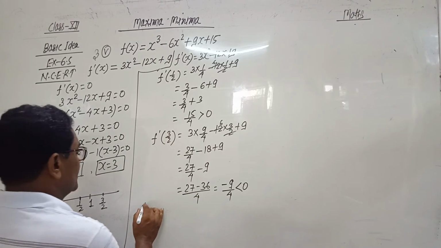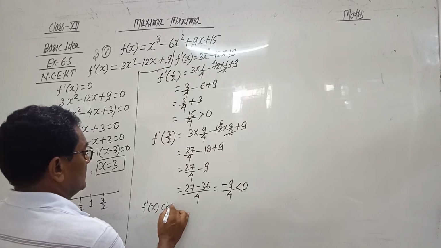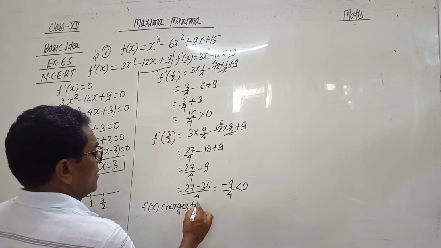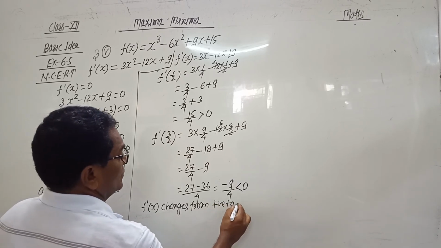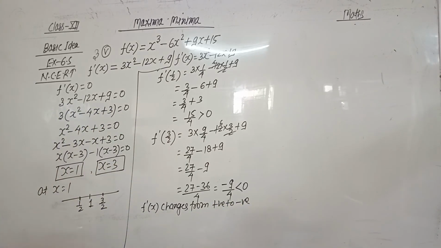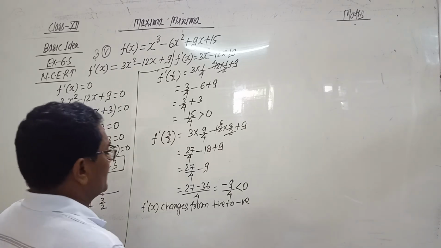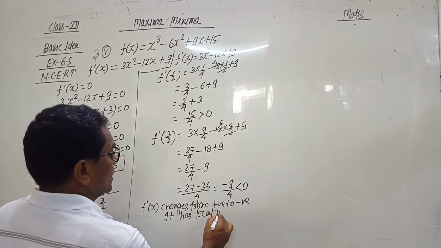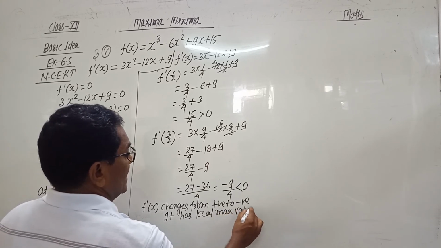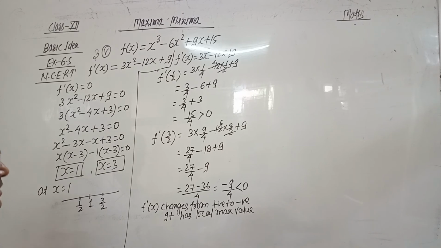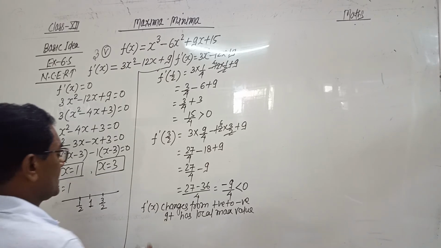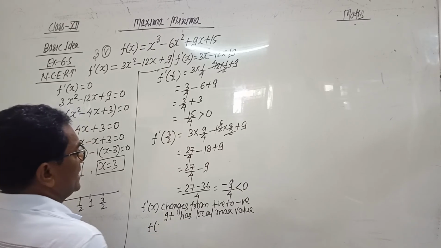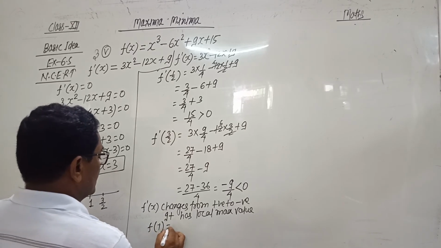So the sign of f dash x changes from positive to negative, means it has a local maximum value, and the local maximum value is found by putting the value of x as 1 in the function.